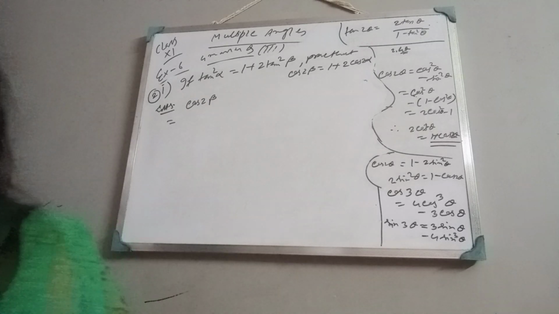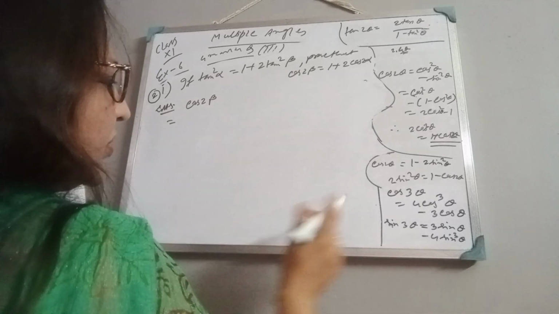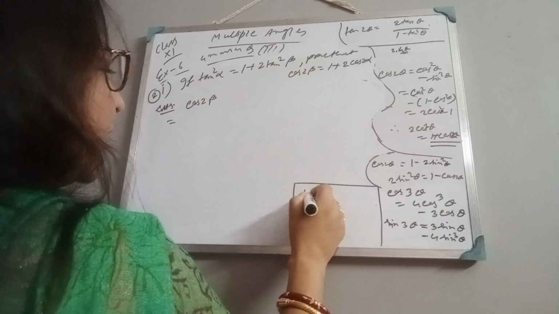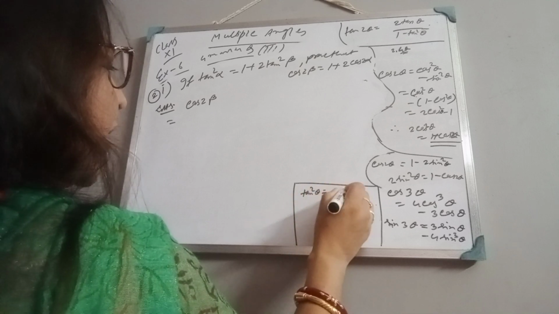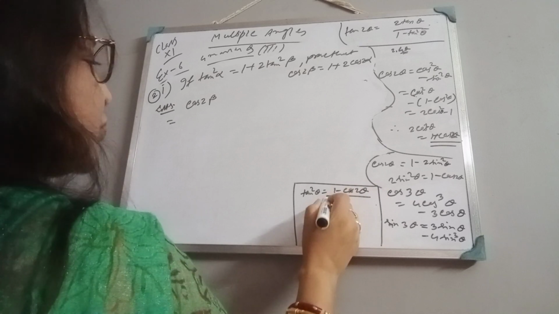Now the formula for tan² θ is tan² θ equals (1 minus cos 2θ) by (1 plus cos 2θ).